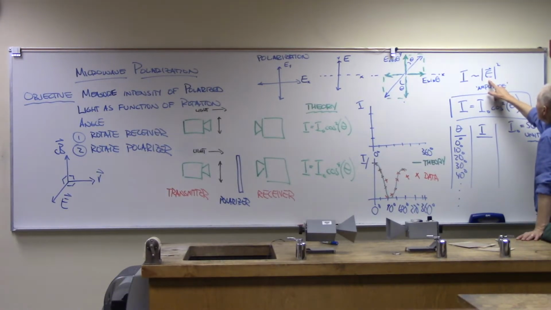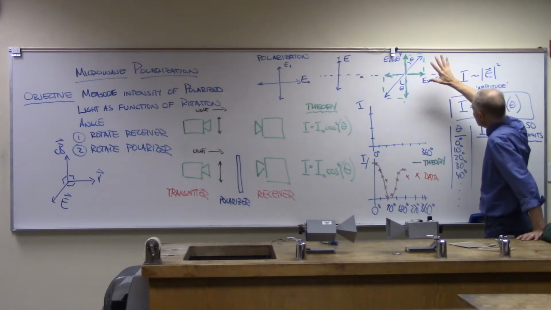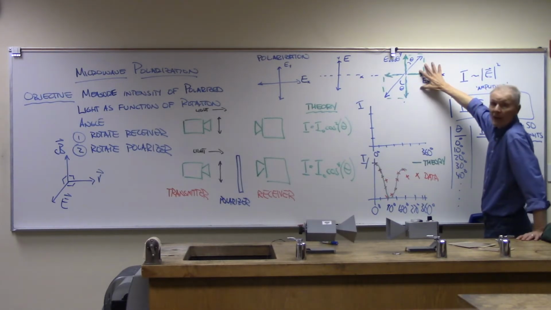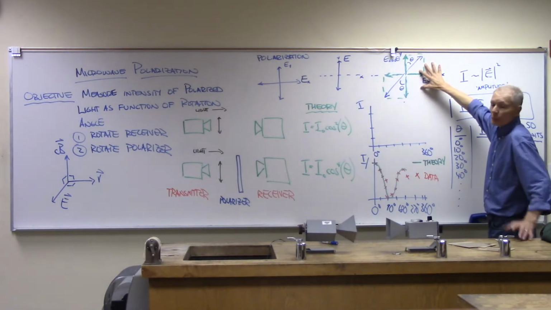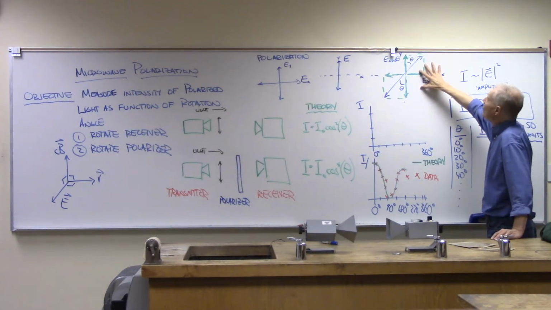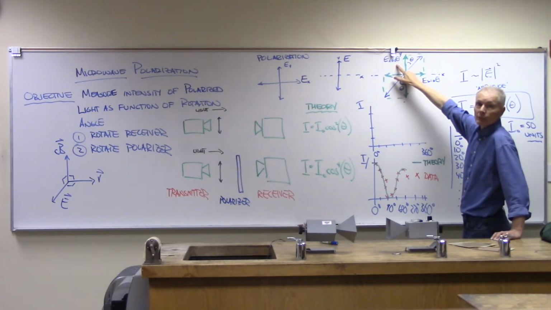So if I square that, what's going to happen is the receiver is not going to pick up the sine theta component. That's not going to be absorbed. The receiver is not capable of absorbing that. So it's only going to pick up an e cosine theta component.